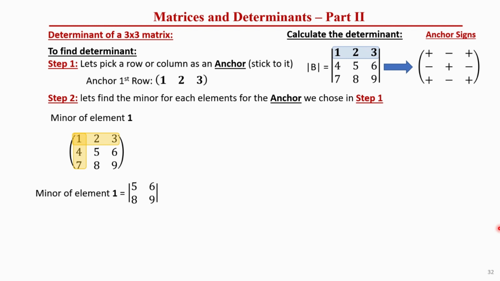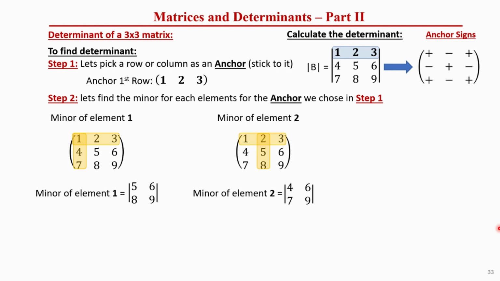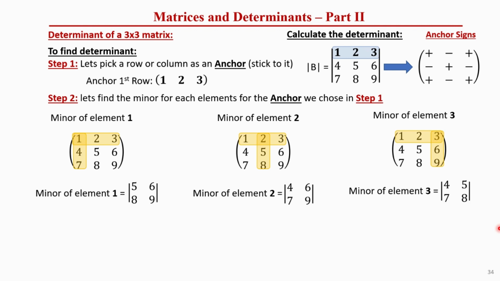Okay, easy, right? Similarly, we want to find the minor for element 2 because that's the second element from the anchored row we chose. And we have the minor for element 2 as shown. And finally, we want to find the minor for element 3, which is the last element from the anchored row. We can again find the minor for element 3, which is shown here.